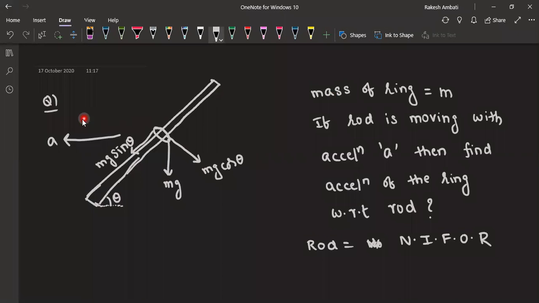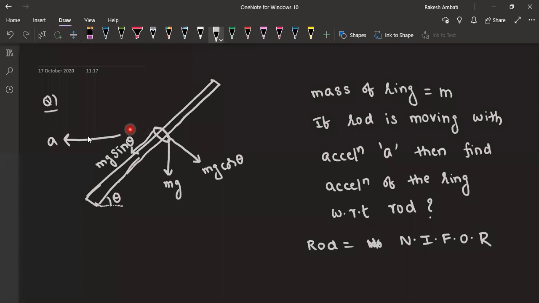The rod is a non-inertial frame, so we have to consider the pseudo force also. How do we draw the pseudo force? It is opposite to the acceleration of the non-inertial frame.